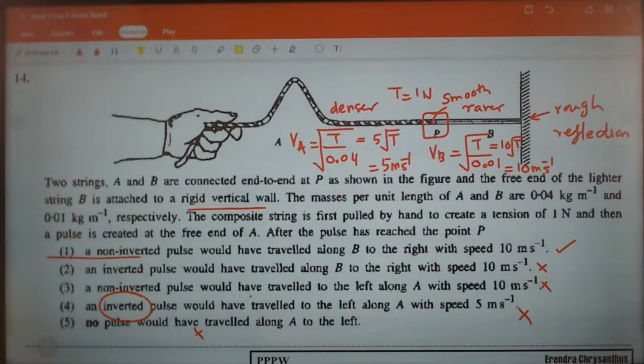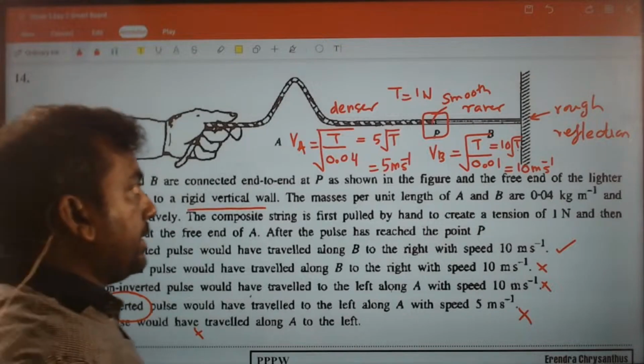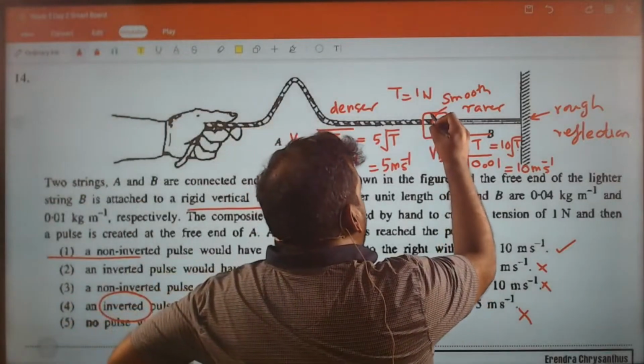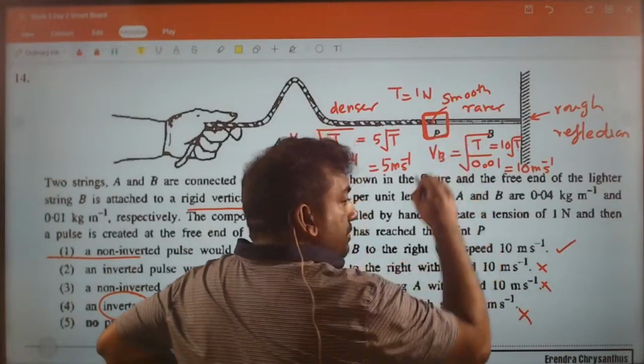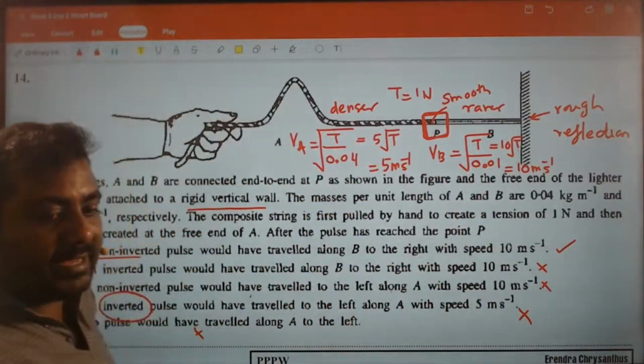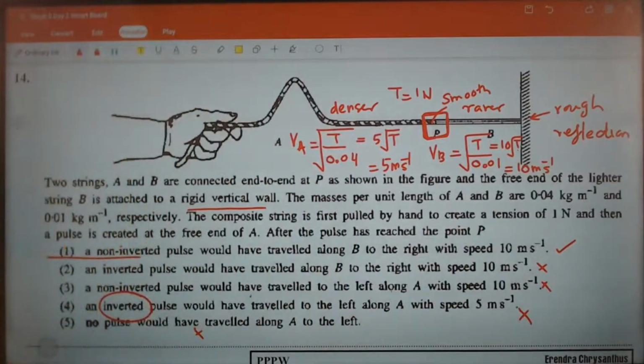Here refraction will take place at point P. And since the diameters are same, smooth reflection will take place.